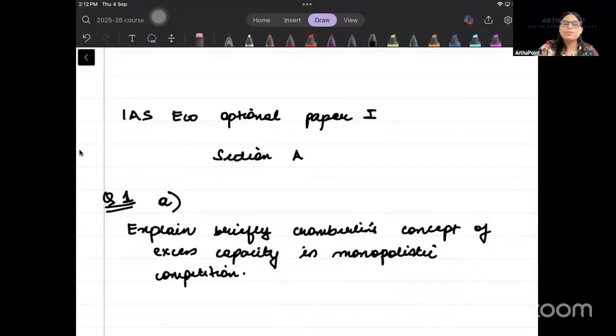So this will be a perfect answer for this question. If we follow these steps, it will be the best way to answer this question. Okay? So let's begin.